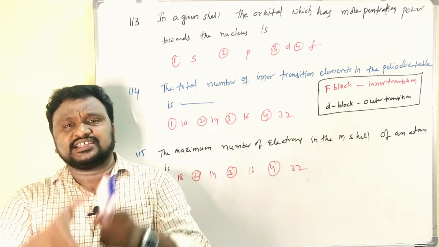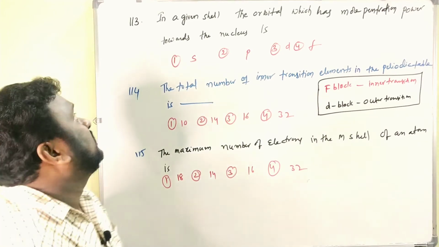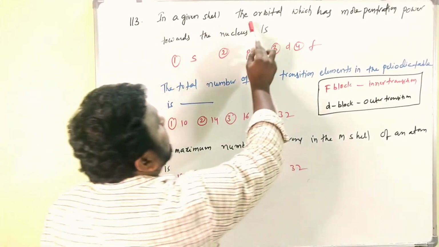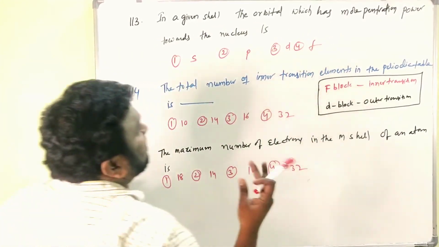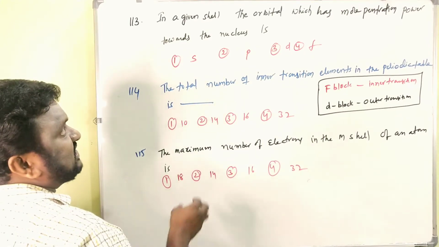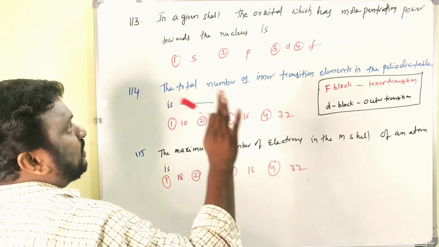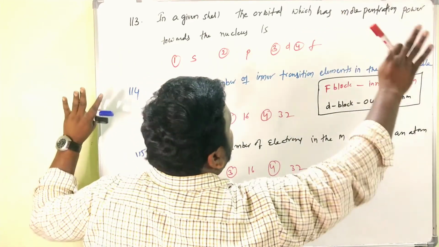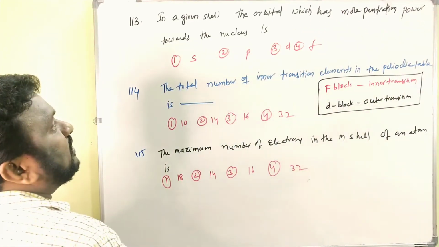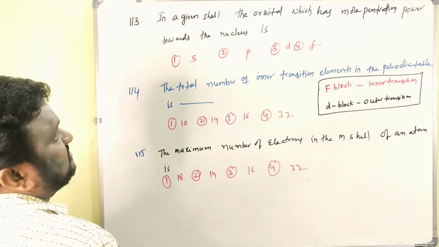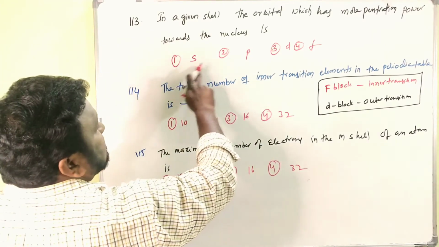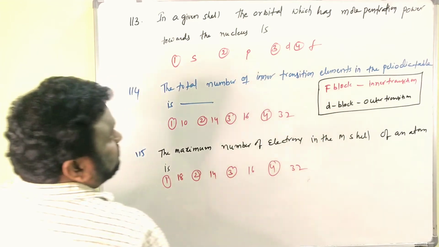The next one is a very interesting question. In a given shell, the orbital which has more penetrating power towards the nucleus is. Options are s, p, d, f.